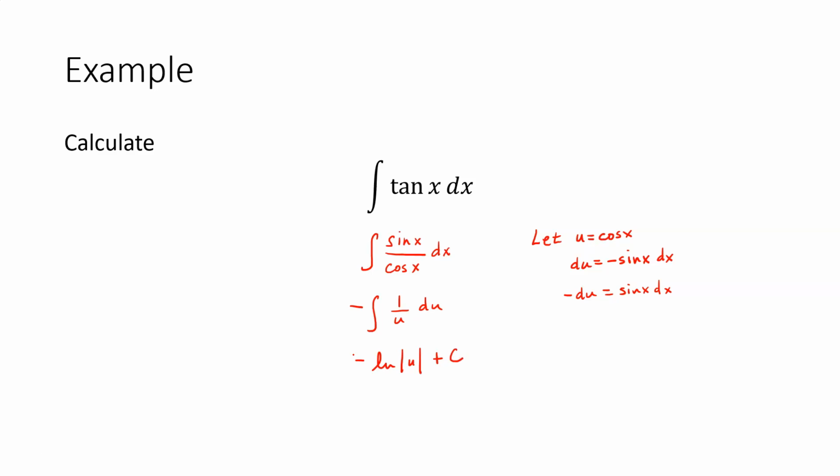And so we would have negative ln of cosine. And in fact, we can bring the negative inside the logarithm here, because that would be the same as cosine x to the negative 1 power.